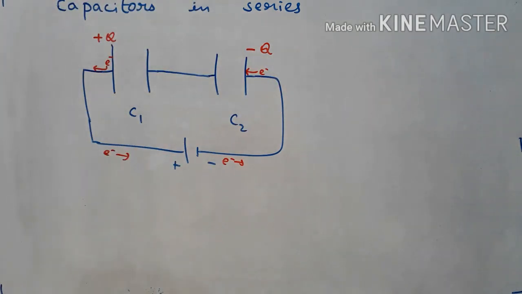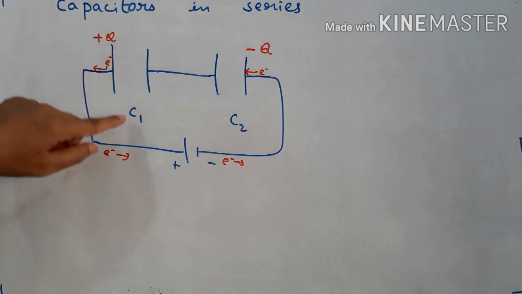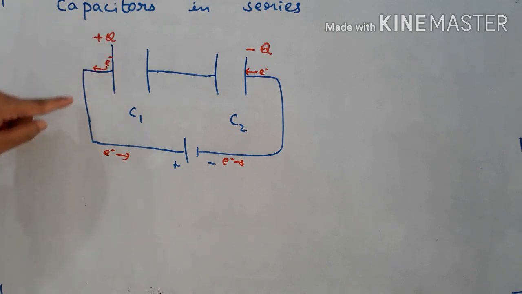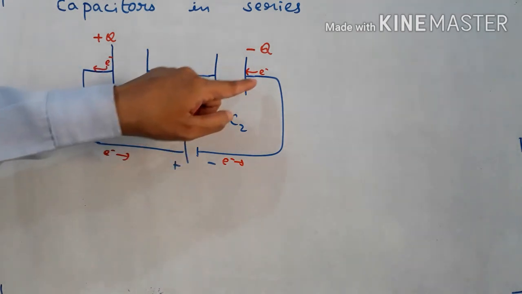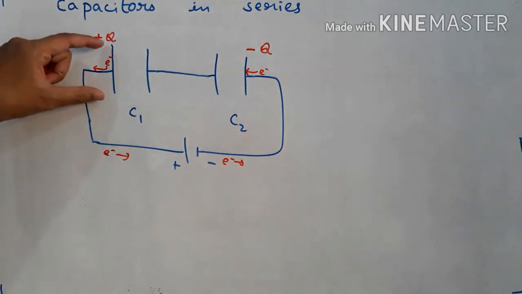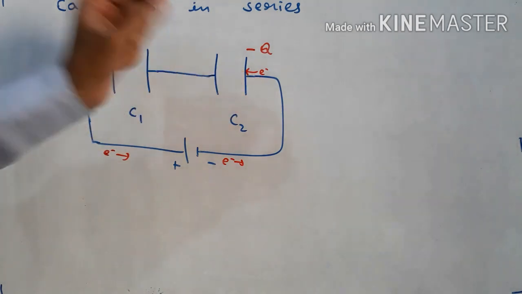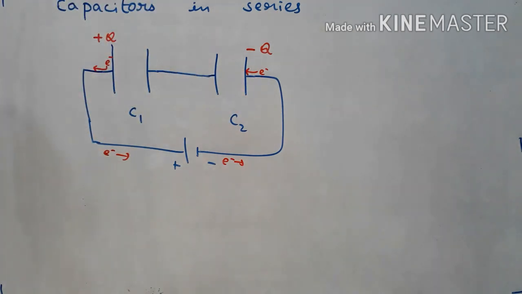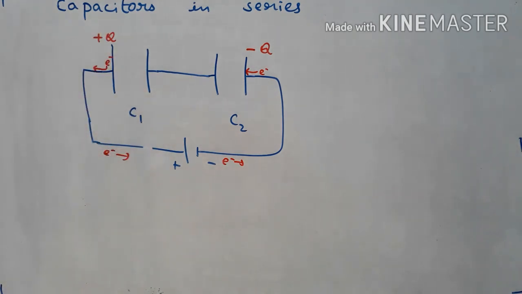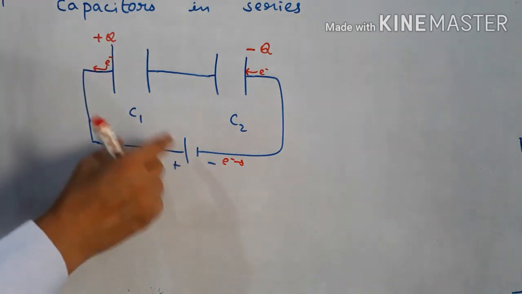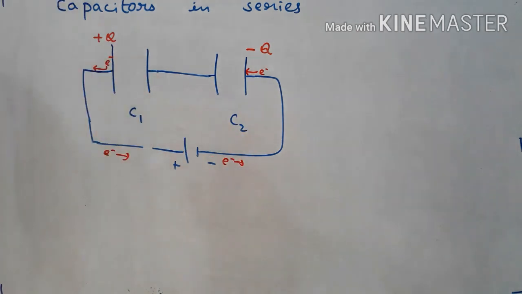So the effective result is that the left plate of capacitor C1 loses electrons, and the right plate of capacitor C2 gains electrons. So it acquires plus Q charge, it acquires minus Q charge. And this takes place very quickly, within fraction of seconds. Once they get charged, you can disconnect the battery, when the flow of electrons is stopped.